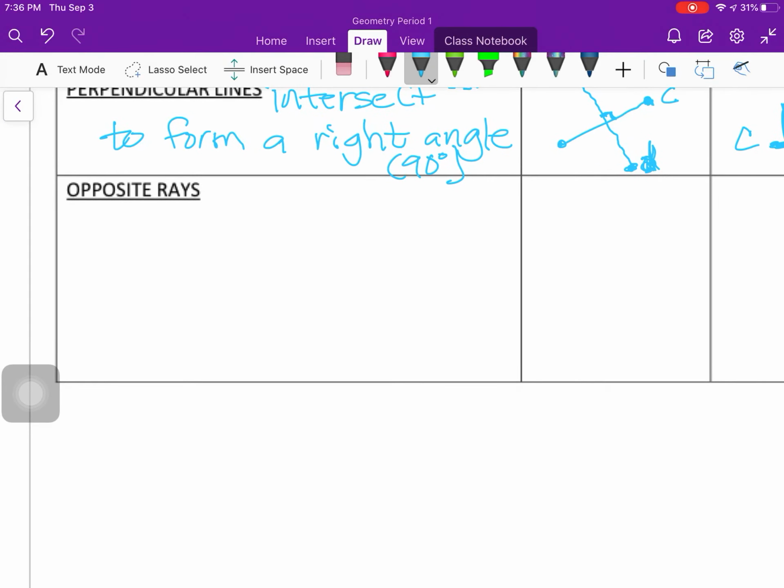Couple more. Opposite rays. They have a common endpoint and they extend in opposite directions. Notice I have extra space on this one. They have a common endpoint.